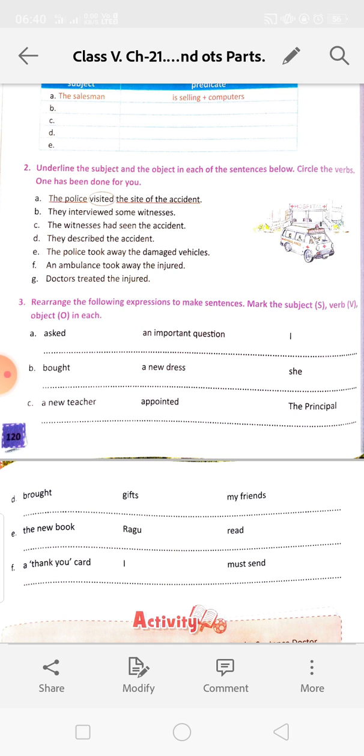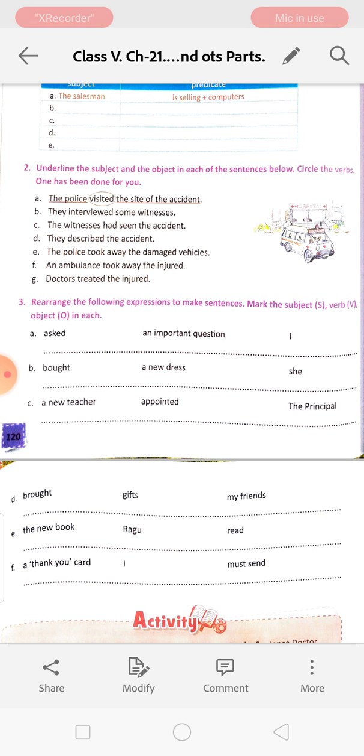The new book Raghu read. Raghu is the subject, read is the verb, the new book is the object. A thank you card I must send. I is the subject, must send is the verb, and a thank you card is the object.